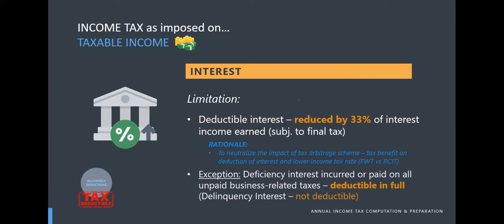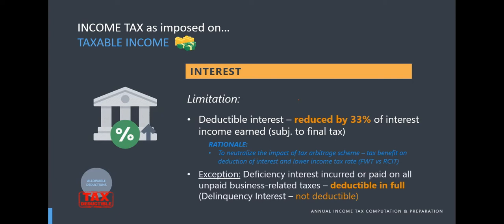Exception of this limitation. So, if there are deficiency interests, so we have, for example, audits, VR audits, and it was found out that the taxpayer is not paying the right amount of tax, or there is under declaration of tax.